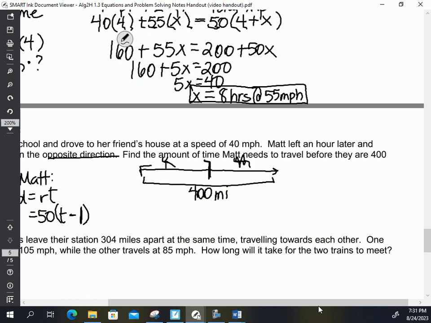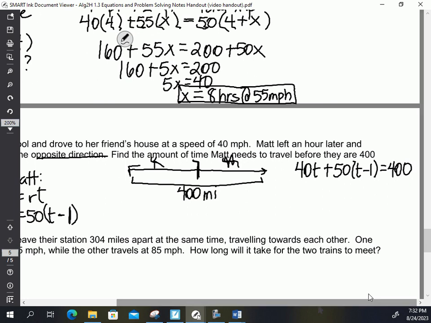So you have Callie and you have Matt. They're 400 miles apart, so there's going to be some addition going on. Callie is 40 times t. Matt is 50 times t minus 1. All together, it has to equal 400. So there's your equation. That's the equation you're working with.